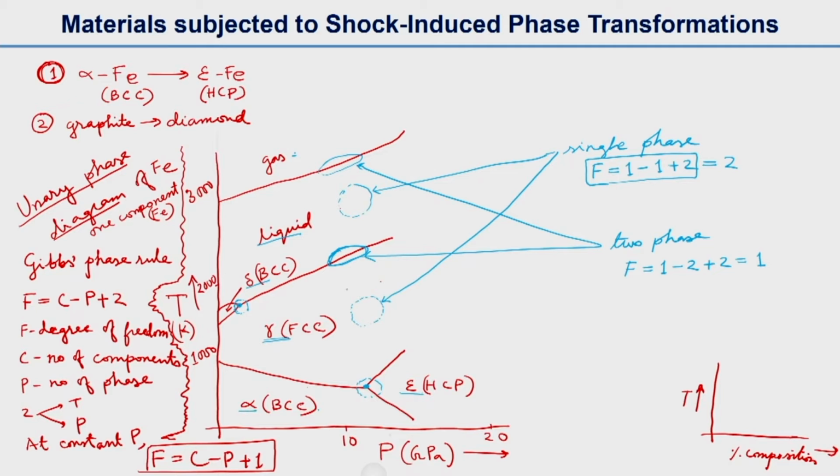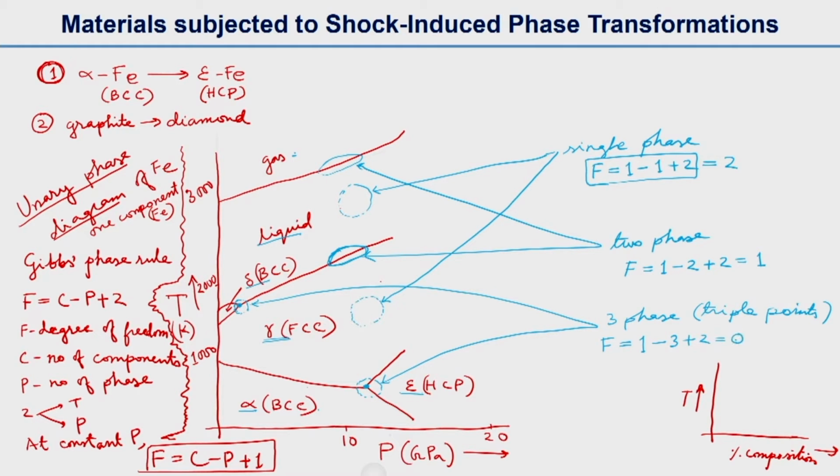So these triple points, I will draw the arrow like this, and these triple points have a 3 phase region, and those points are called triple points. 3 lines meet each other, and for those points it will be only one component, iron, and 3 phases, so F = 1 - 3 + 2, that gives us the degrees of freedom equal to 0.